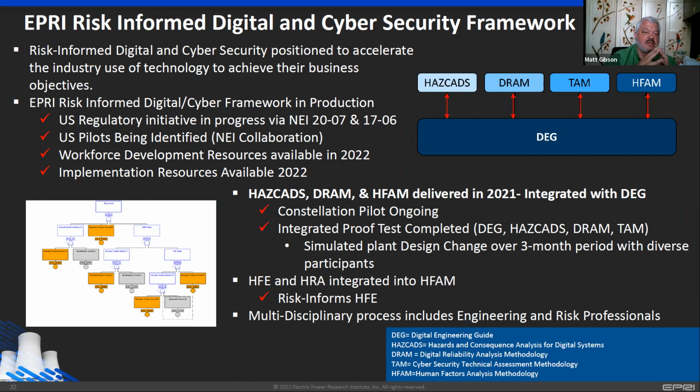Constellation is currently piloting this, in parallel with doing some other things. We did proof tests of these. Last year, we created a simulated plant design change over a three-month period. We had a group of participants work on that design. We analyzed their performance and their results. So that's the state of the union here for the framework.